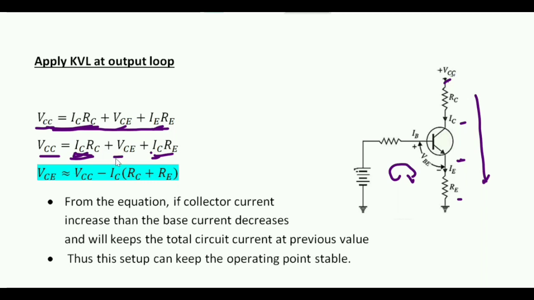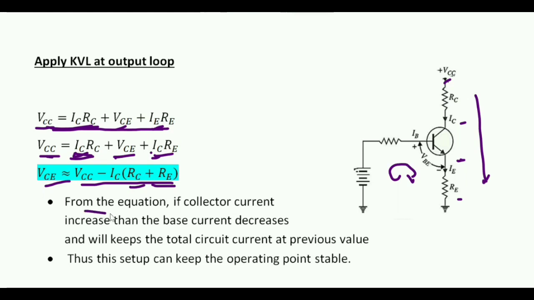Then if we transpose this equation, VCE to the left hand side and VCC to the right hand side, we will get the collector to emitter voltage equation, VCE is equal to VCC minus IC into (RC plus RE). These two are resistance values, the collector resistance and emitter resistance.